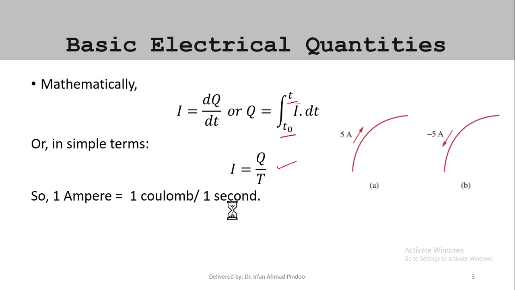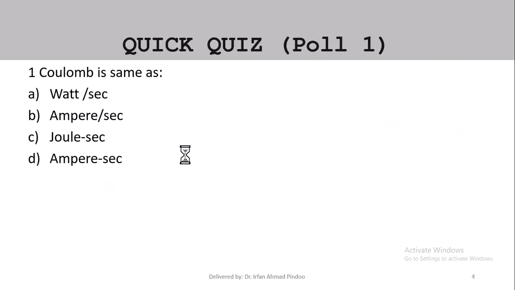Sometimes you can expect an MCQ question where they will ask you in terms of units. So we should know, suppose current has SI unit of ampere, then what are the SI units of Q and T? Q is coulomb and T is second. Now there is a question: 1 coulomb is the same as what?